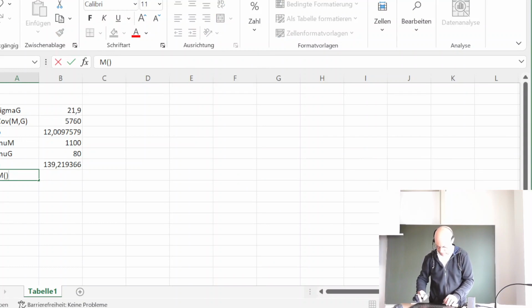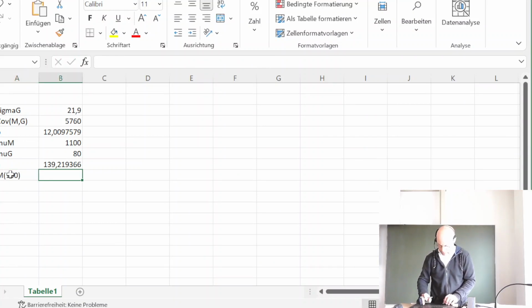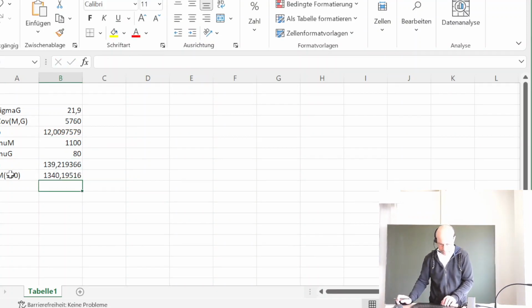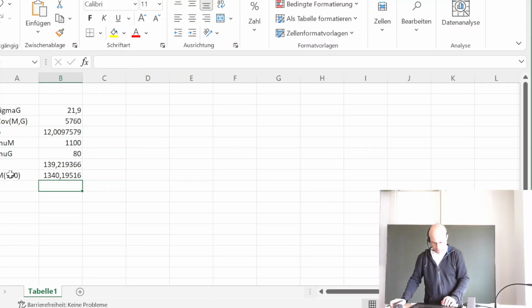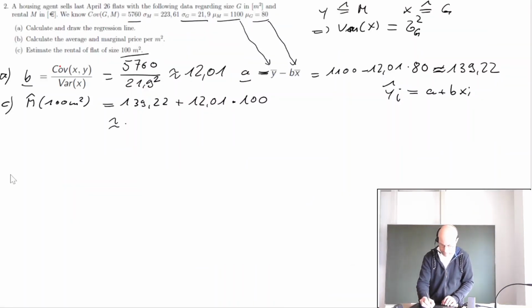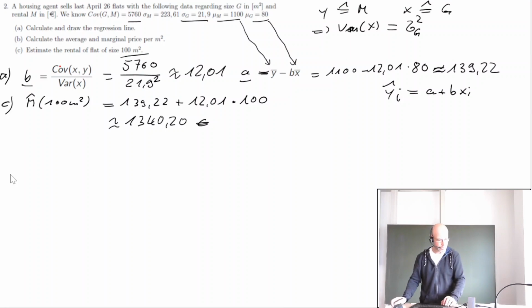M of 100 equals minus 139 plus B times 100. 1340.2 euros.